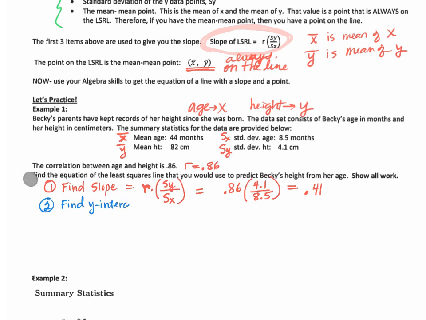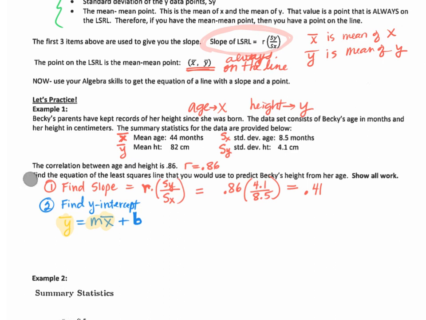Okay, so after that, the second thing we're going to do is find the y-intercept. The way I'm going to do that is I'm going to use a point on the line and this slope. And I'm going to use y equals mx plus b, and I'm going to solve for my y-intercept. Because I have y bar, that's the mean of y, I have the slope that I just found, and I've got the x bar, that is the mean of x.